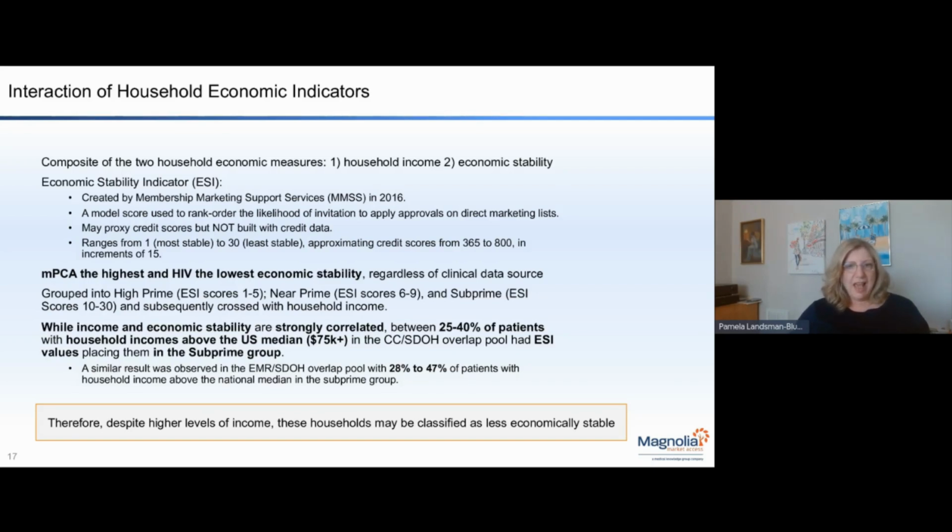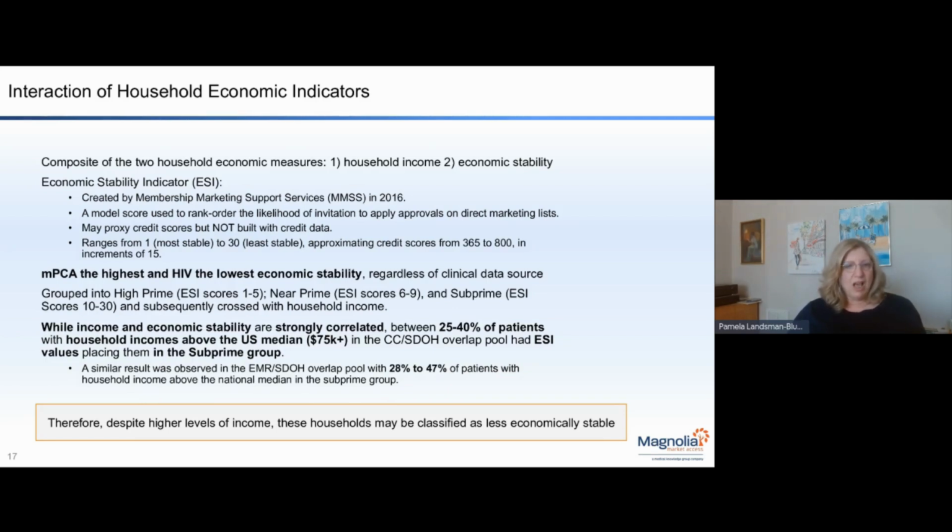When we looked at the data, regardless of the source of the clinical data, metastatic prostate cancer had the highest and HIV patients had the lowest economic stability. We then grouped this based on a set of scores that categorize people as high prime, near prime, subprime, so what terms you might get and interest rate you might get on a loan.